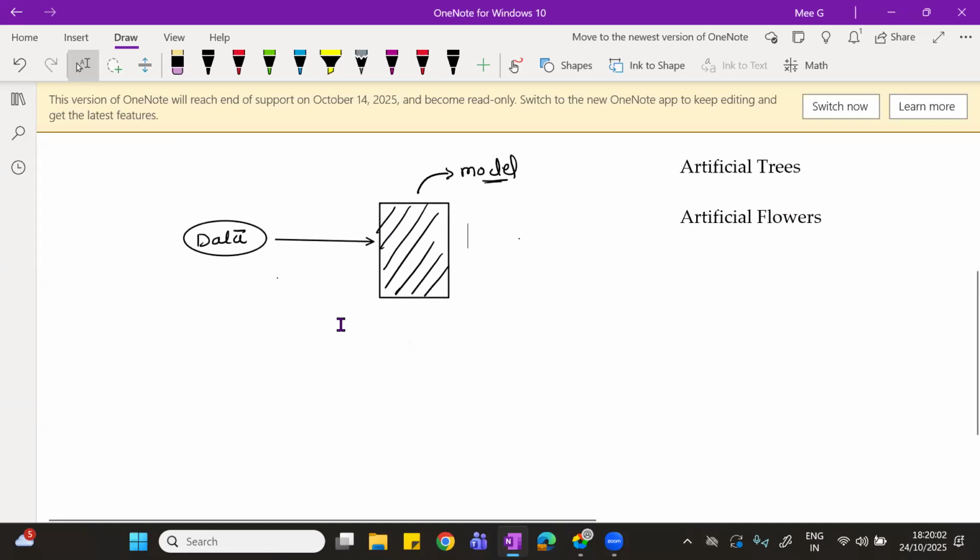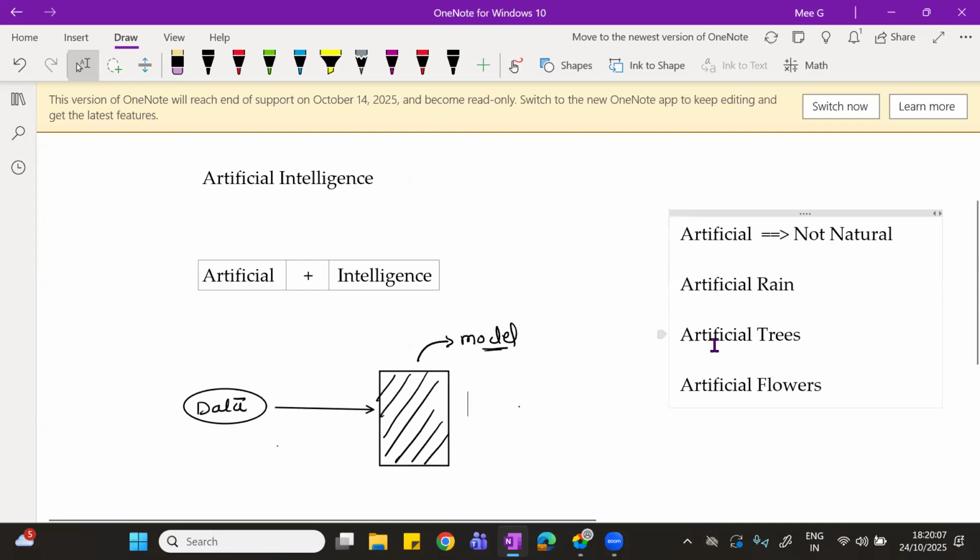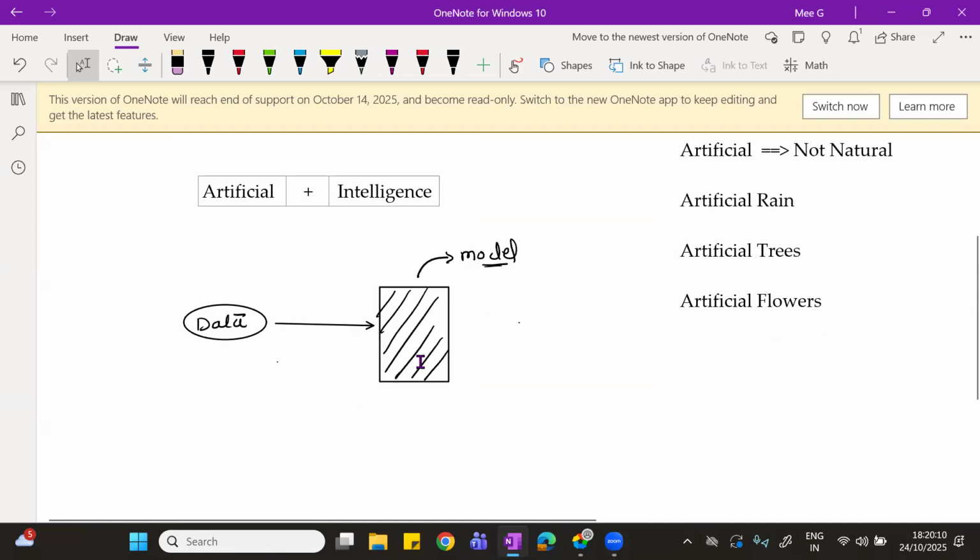Now we know what is going on here. As I told you, artificial has a natural version. So what is the natural version of artificial intelligence? Natural intelligence is nothing but human intelligence. When you are creating an artificial flower, you want it to be very close to the natural flower.